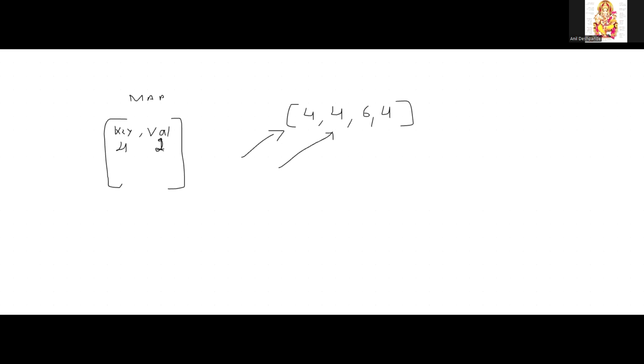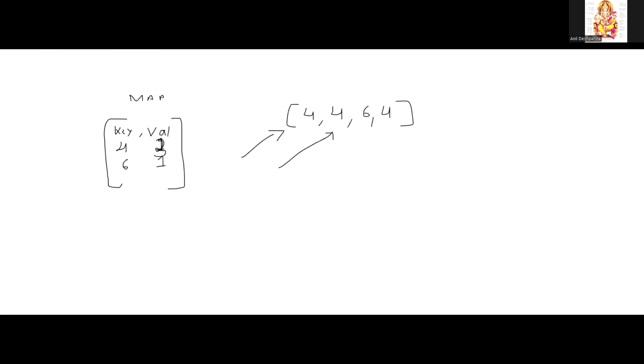So I'm going to make a 6, and then I'm going to enter here 1. Right? Then again, I pick up the last element, which is 4. And 4 is already there in key 4. So I just add 1. So it becomes 2 plus 1, 3. This is the way the map has been incremented. So now we have the imagination of problem and solution.